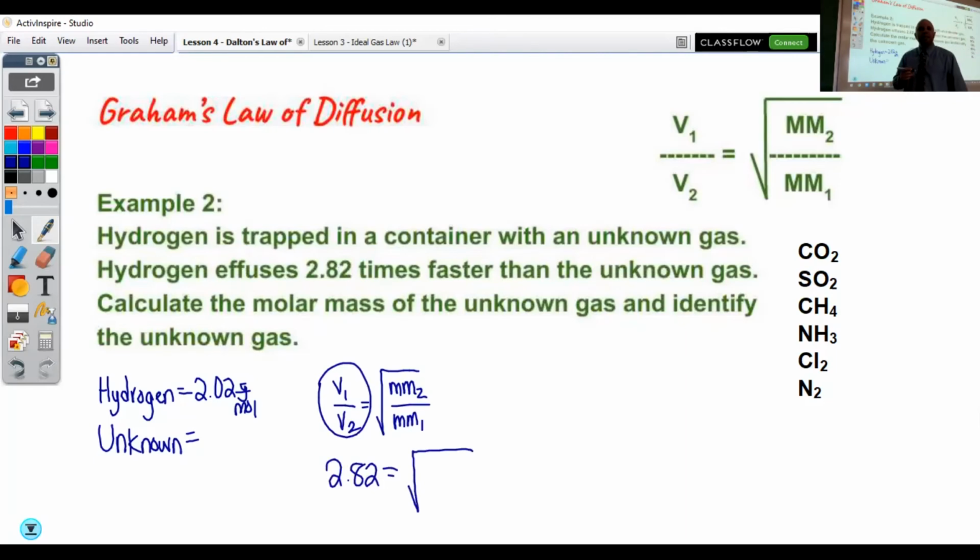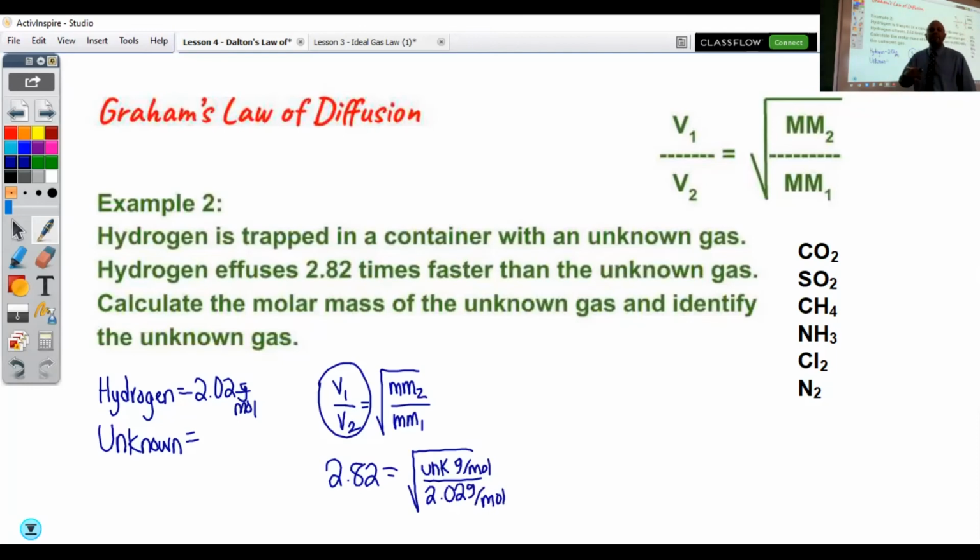So now we have to place our molar mass 2 and our molar mass 1. Remember that our heavier gas should go on top. In this case, our heavier gas is the unknown. So our unknown with its unit of grams per mole is going to be on top. And on the bottom, we're going to have our 2.02 grams per mole molar mass of hydrogen gas.